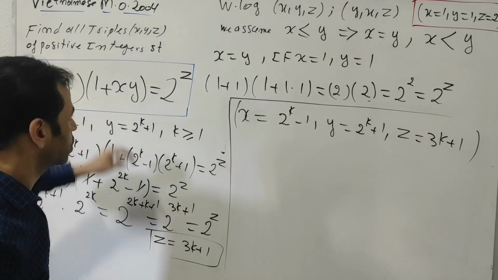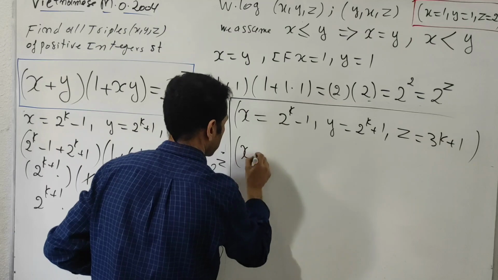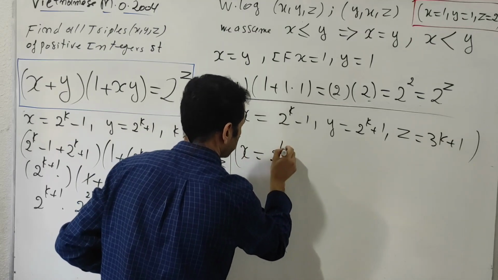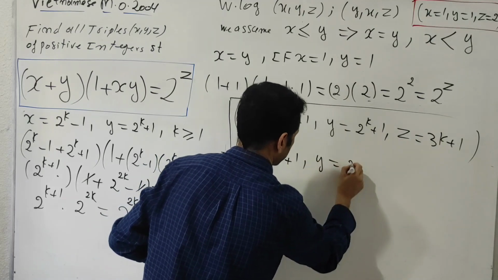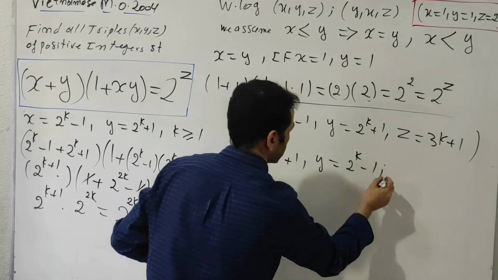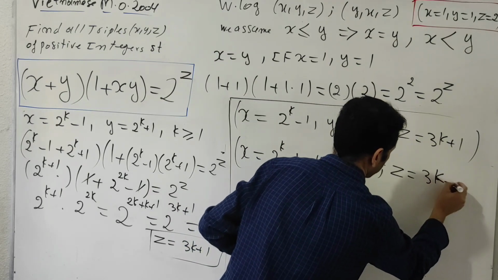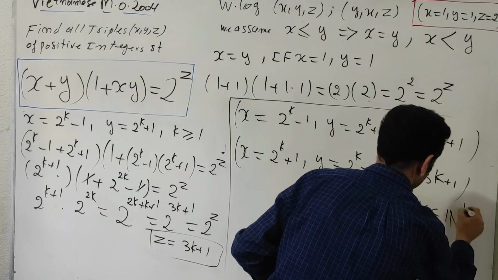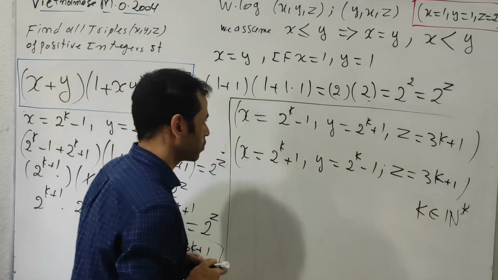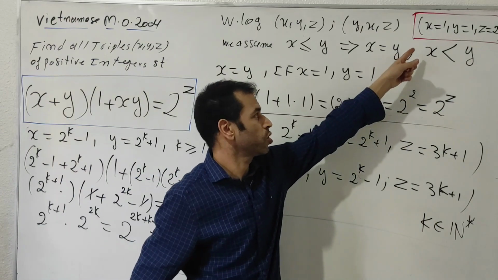Both of them are odd, so I will switch these solutions. I will have x equals 2 to the k plus 1 and y equals 2 to the k minus 1. z stays the same, z equals 3k plus 1, where k is a natural number. Okay, not including 0. This is the general solution for this equation, in addition to the previous solution.